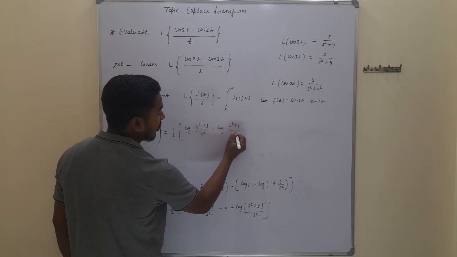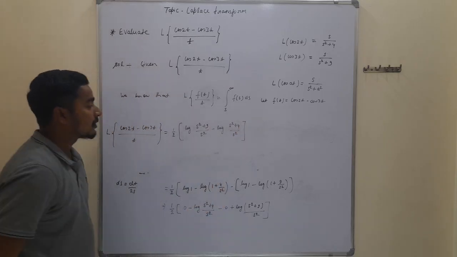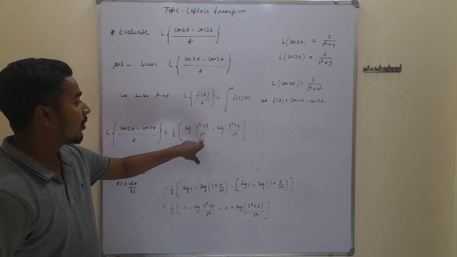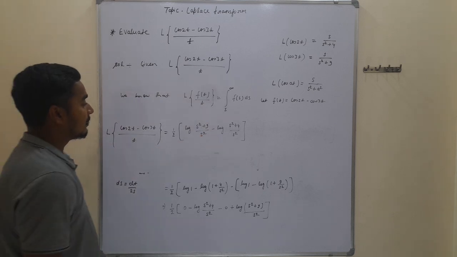We use the property of log m minus log n, which is given by log m upon n.